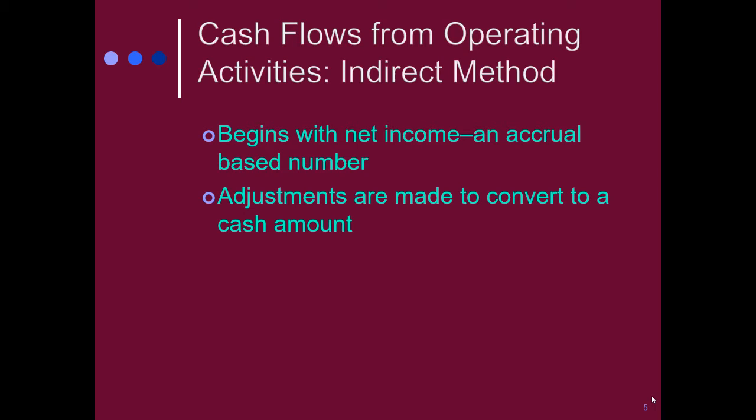And then we are going to make adjustments to convert all the items that are in accrual basis accounting to cash accounting. When you do the adjustment, you will add or deduct certain items that are listed as non-cash activities, and also you will look into the changes between accounts in the balance sheet.